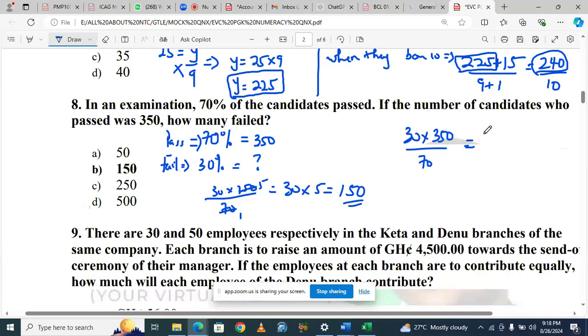What will you get? Use your calculator or your mind. 30 times 350 is 10,500. Okay, 10,500, all over 70. Are you okay with it?